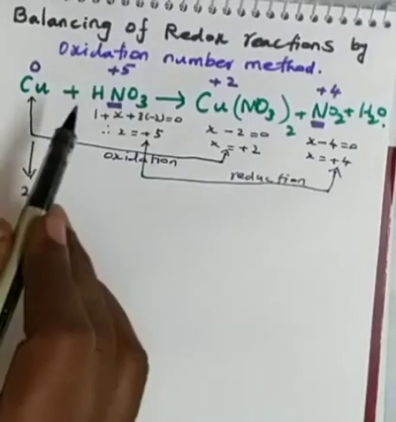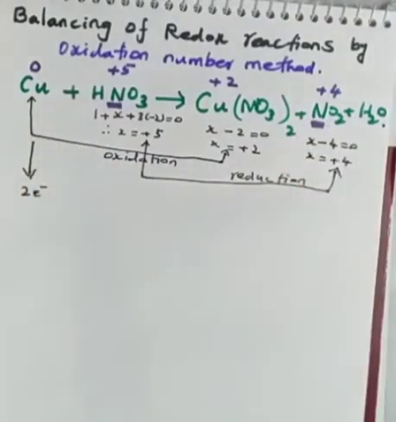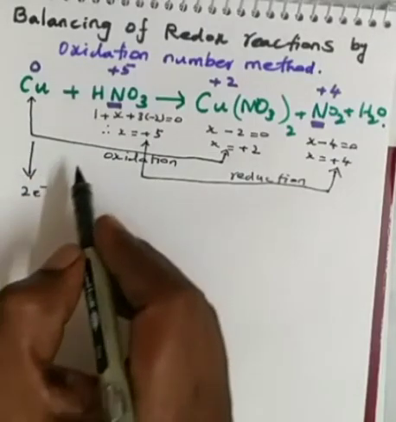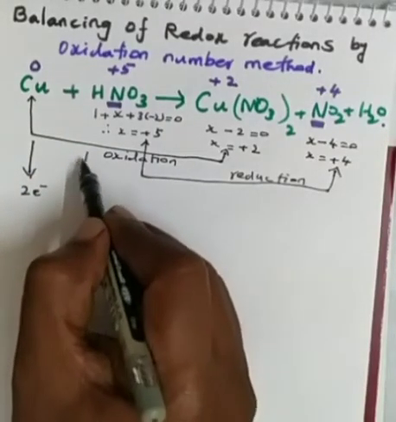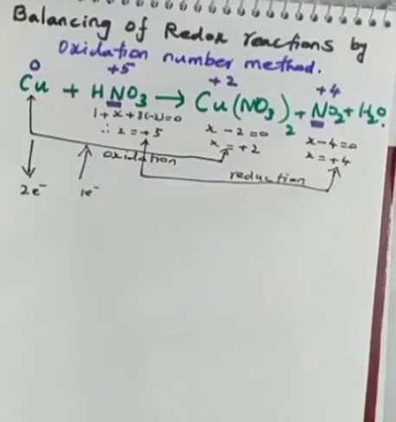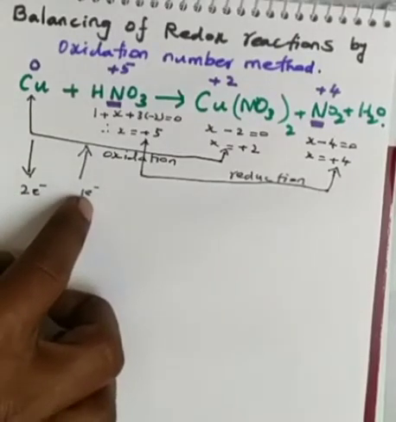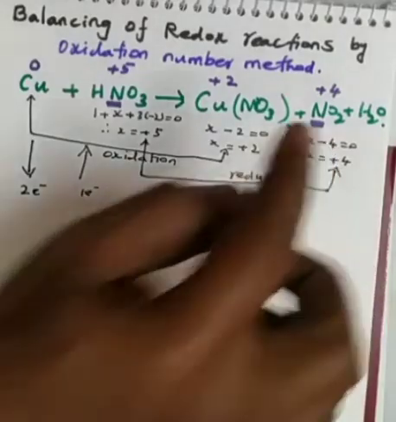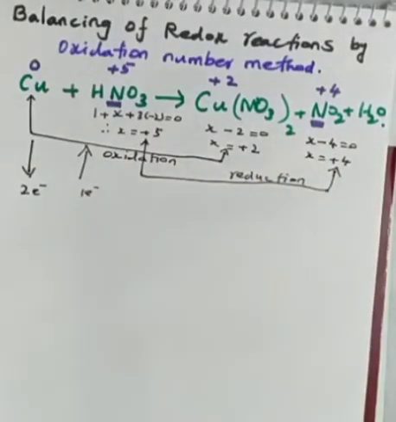The actual meaning is that nitric acid is reduced into nitrogen dioxide, gaining 1 electron. So the electrons lost by copper are gained by the nitric acid to change into NO2. That is why this reaction is called a redox reaction.